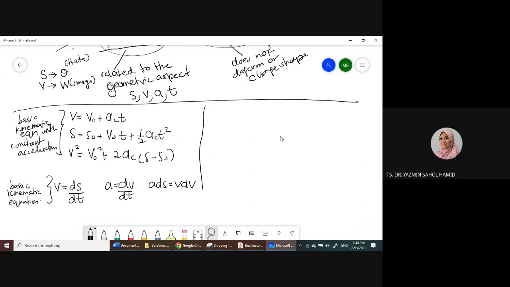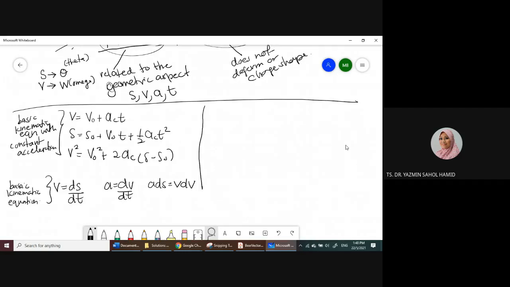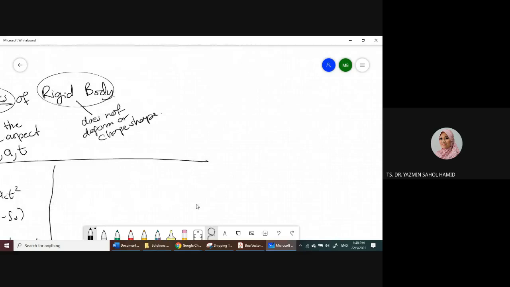Okay, there's no space. Let me just write somewhere big here. Okay. Now, this is kinematics. Let me make you understand. Now this is particles and this is rigid body. The symbols change but the formulas are the same.